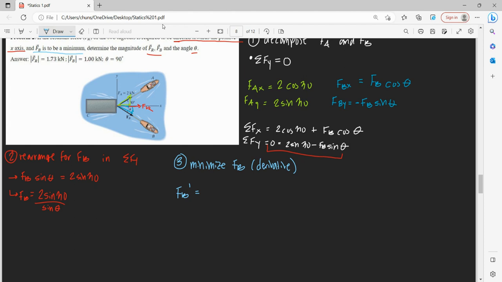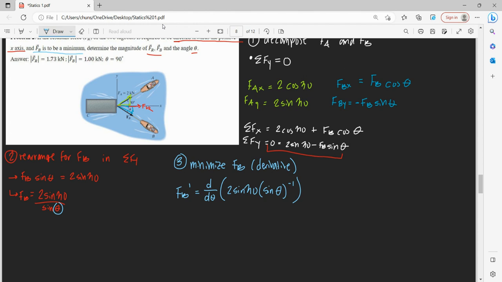Our unknown is theta, so that is what we are going to be differentiating with respect to. That's 2 sine 30 times sine to the negative 1.